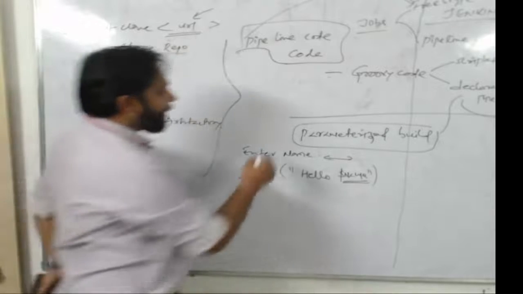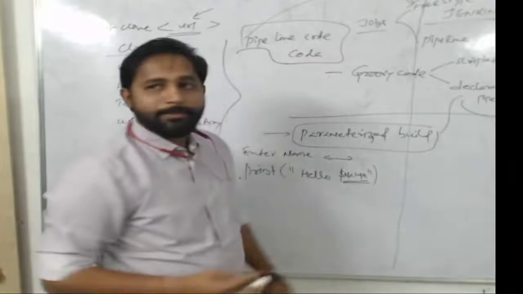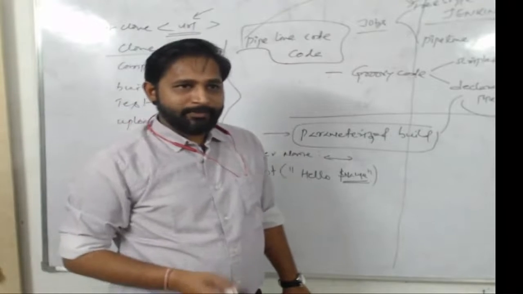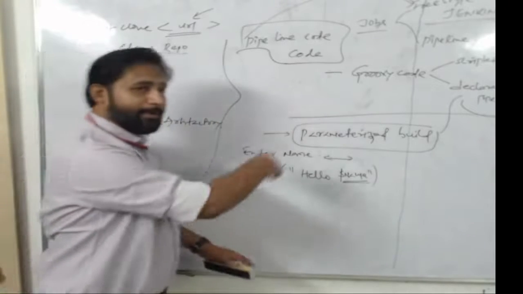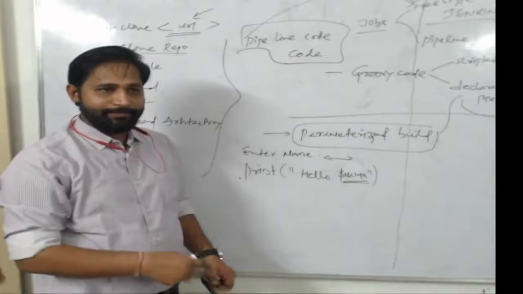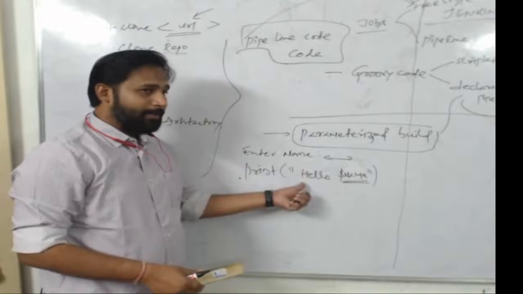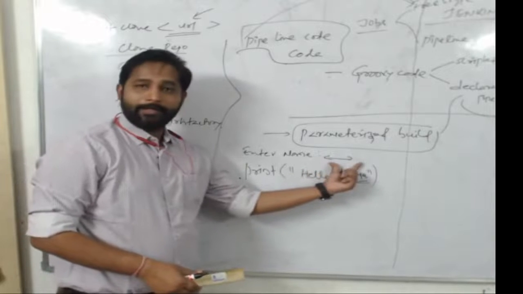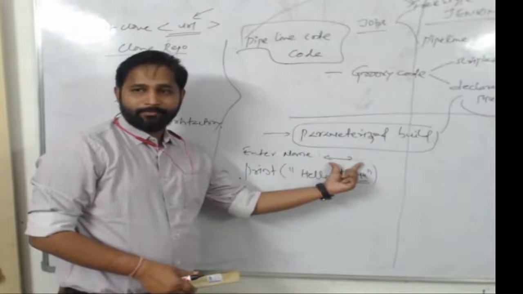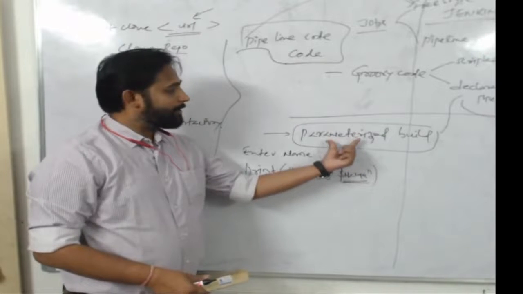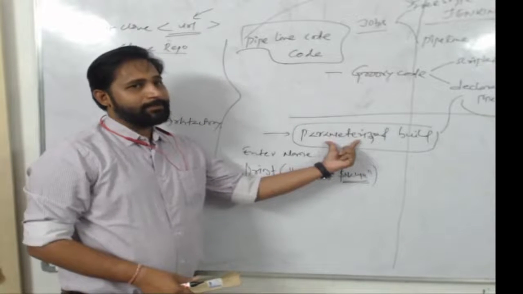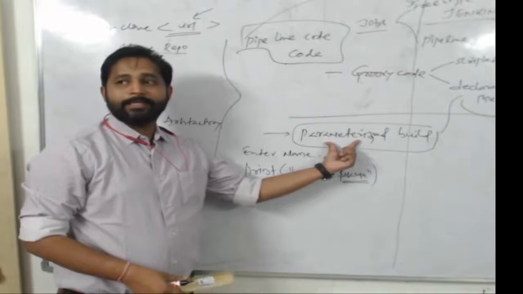But the problem with parameterized build is it becomes manual. You have to interfere with the program, enter the values. The same way here. If you are running this program, Python program, print name, you have to enter the name, otherwise the program will not proceed. So parameterized has its benefits, but the major problem is it cannot be automated.